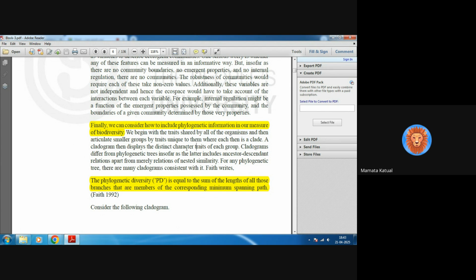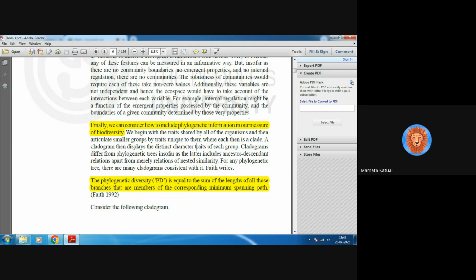If there is a group of organisms and this group of organisms shares some of the traits, in this group all the organisms share some traits, then we call this group a clade, C-L-A-D-E, clade.